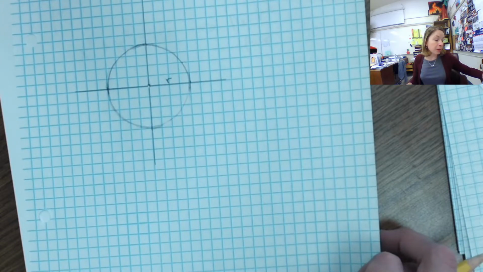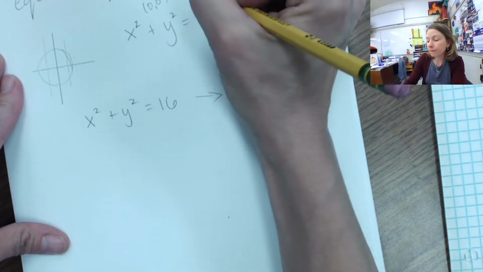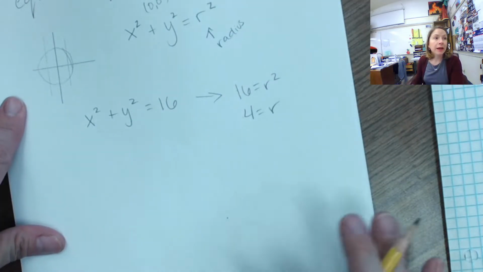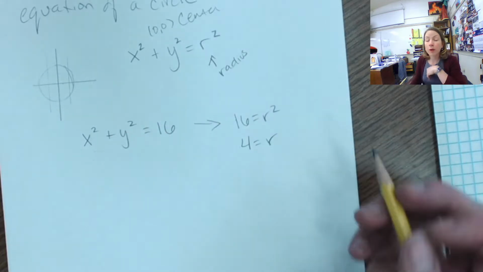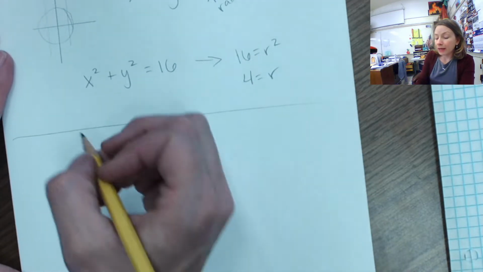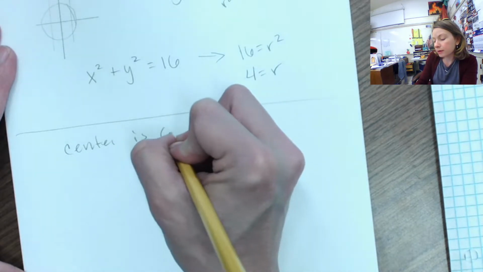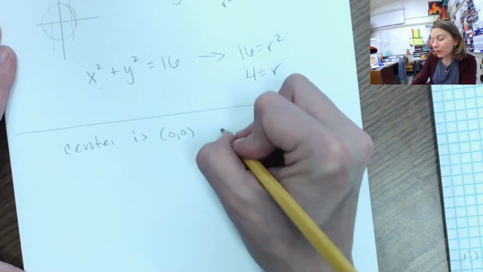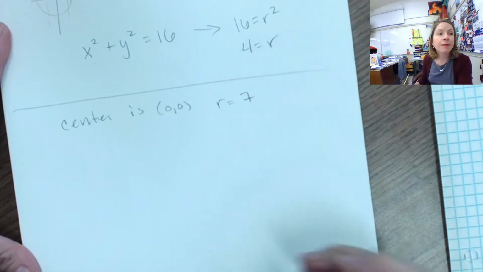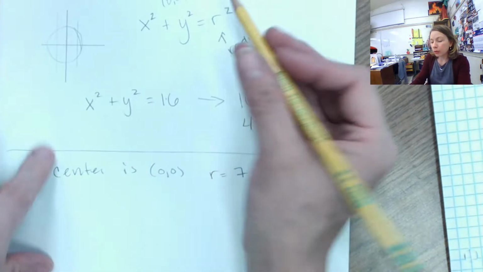So this is the very basic form of a circle when it has a center of 0, 0, and your radius is r squared. So if I wanted you to write the equation of a circle, and I tell you that the center is 0, 0, and I tell you that the radius is 7, we're going to use this idea right here in order to write the equation.